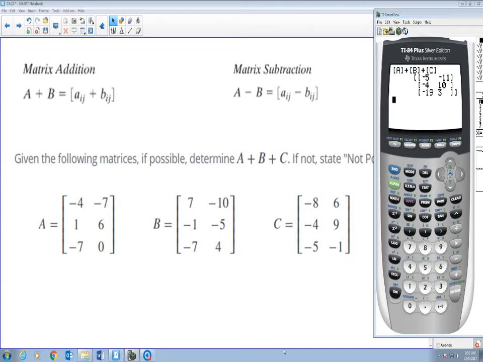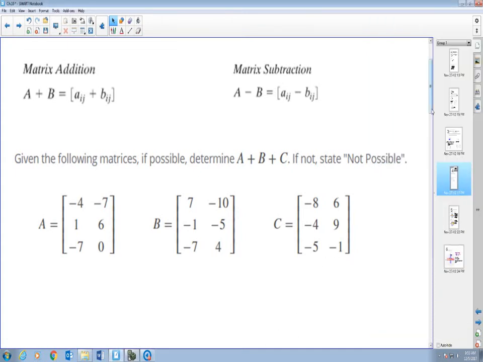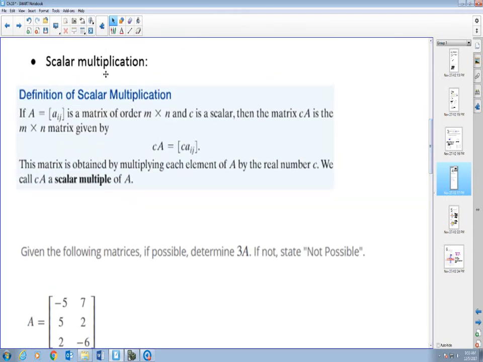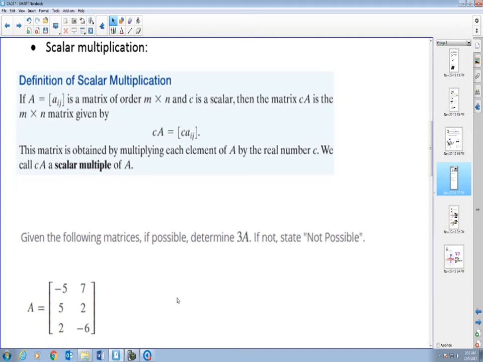All right, now matrices also involve scalar multiplication. Scalar multiplication means that I can have a constant C that multiplies my matrix A. That constant C will multiply all the entries within my matrix A, C times the ij entry.